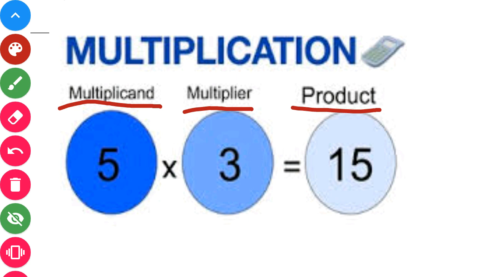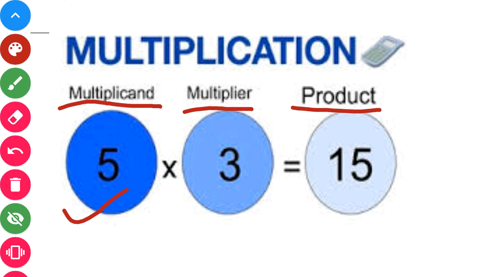Let us read it again. Multiplicand, multiplier, and product. So, what is multiplicand? Or you can say the first number is multiplicand. That means the number to be multiplied is called multiplicand.